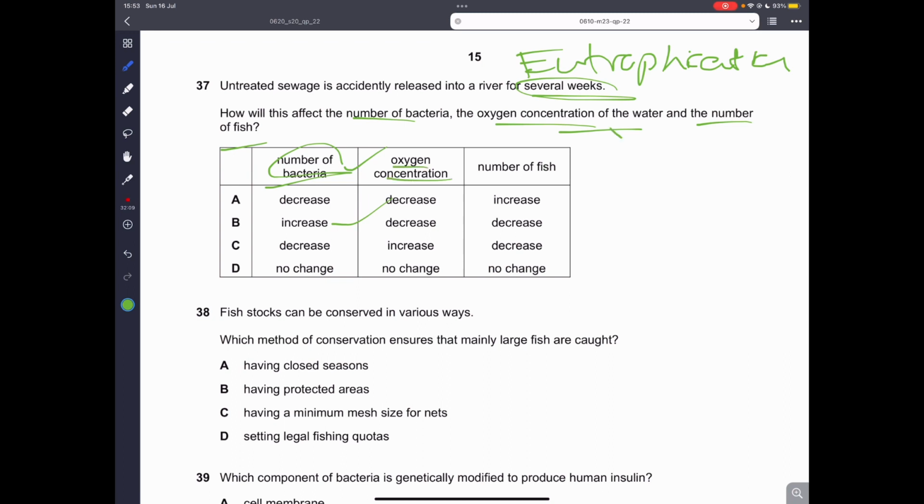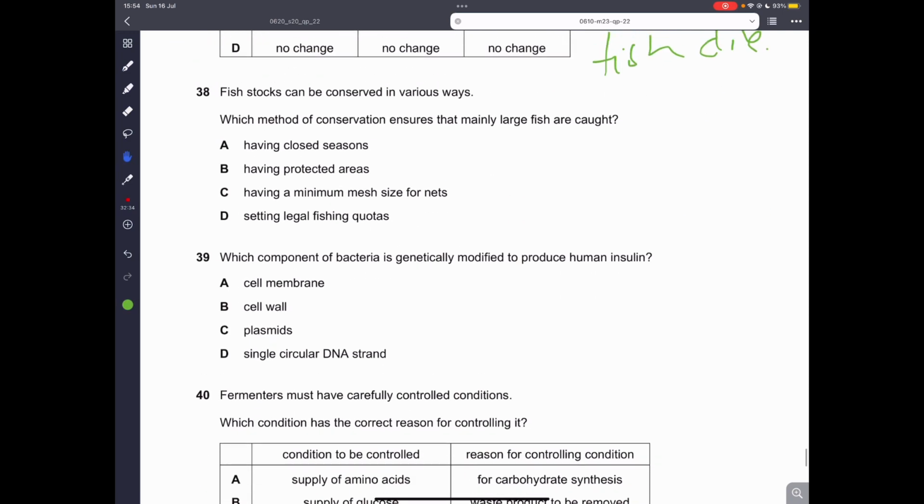The oxygen concentration of the water is going to decrease because the bacteria will respire, and respiration, as you know, uses oxygen. This means the fish will get less oxygen, so aquatic animals such as fish will die, or their population is going to decrease. Therefore B is the correct answer.